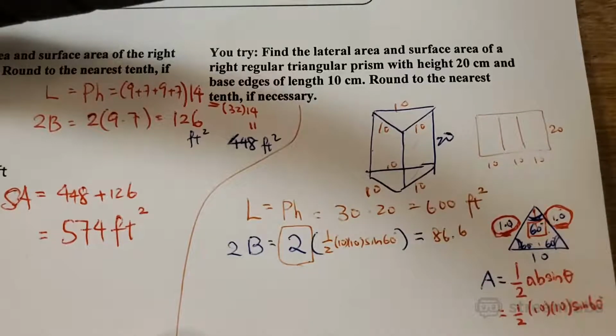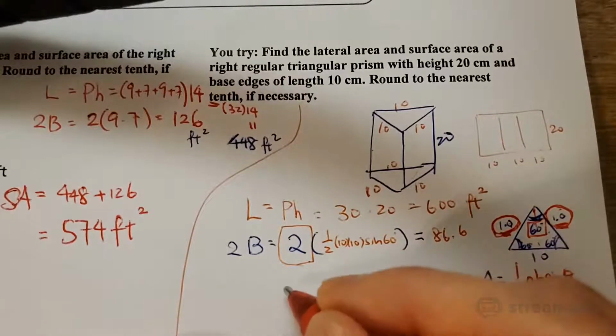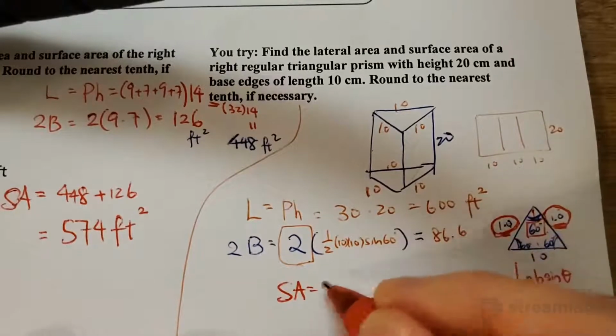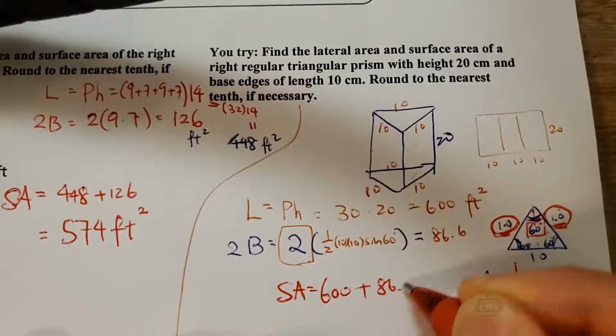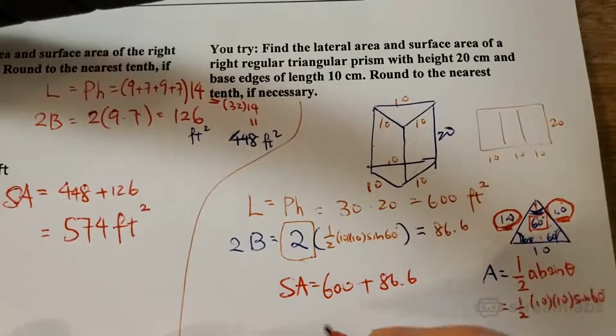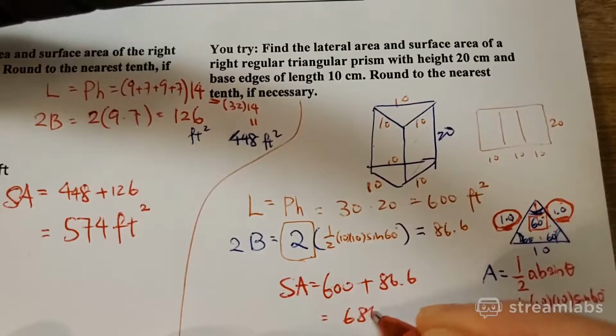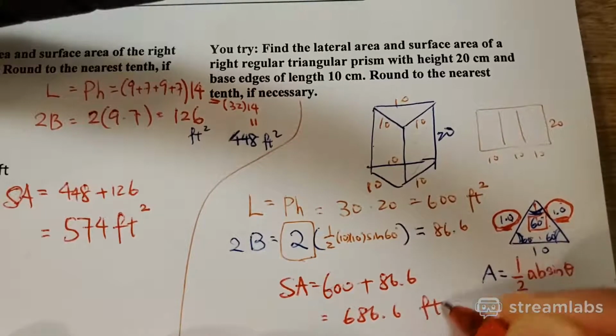Because there's 2 bases, right? 86.6. Okay, so you add them up. So surface area is going to be 600 plus 86.6. So that's going to be 686.6 feet square.